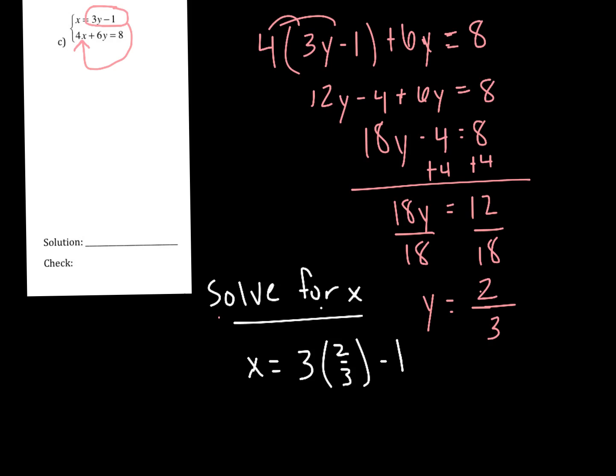So 3 times 2/3, you can always make that into a fraction, remember? So 3 times 2 on the top over 1 times 3 on the bottom gives us 6/3, which is 2. So x equals 2 minus 1, which is 1. So our ordered pair here is going to be x, which is 1, and y, which is 2/3.